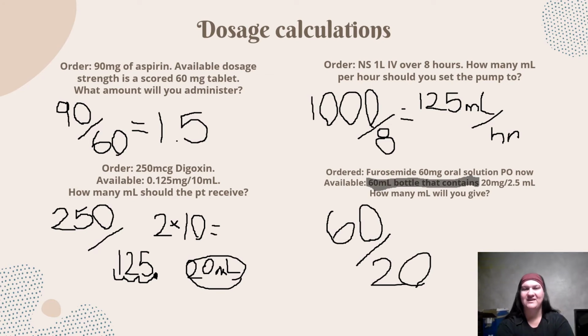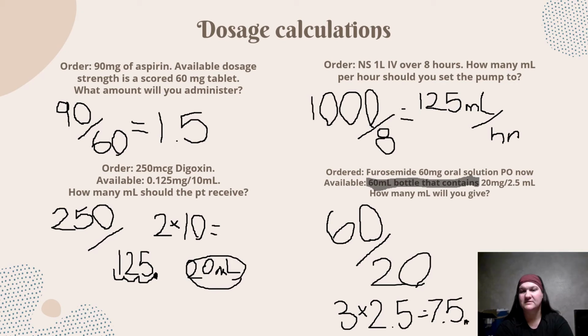You do the same thing: 3 times 2.5 equals 7.5. So we know that we give 7.5 mLs.